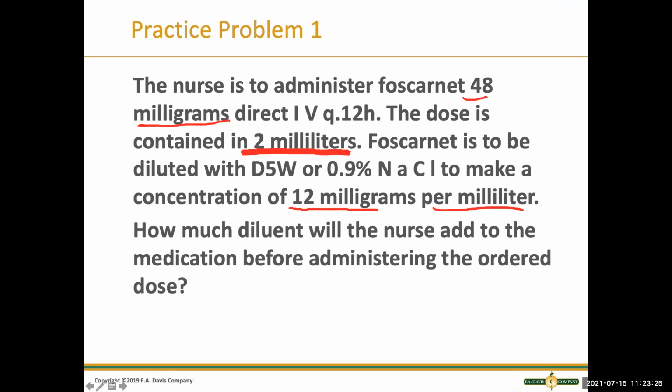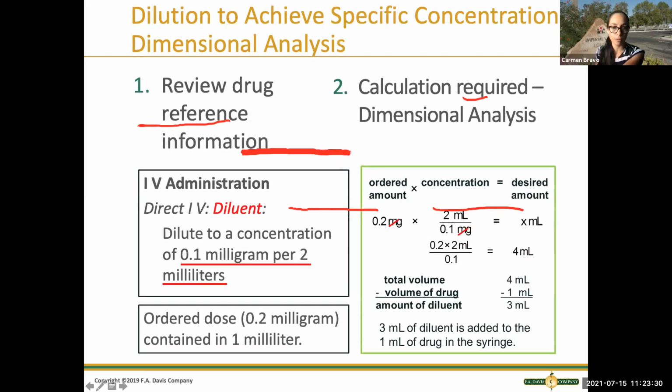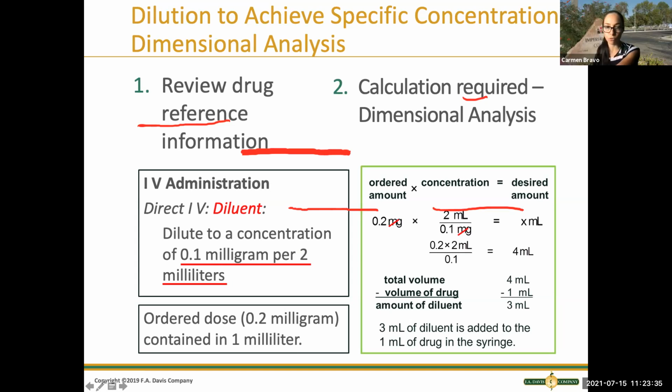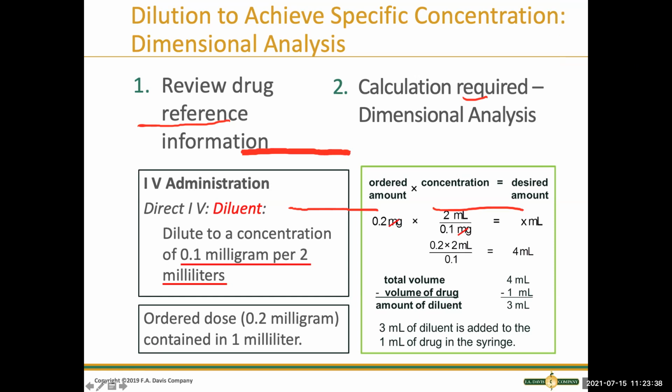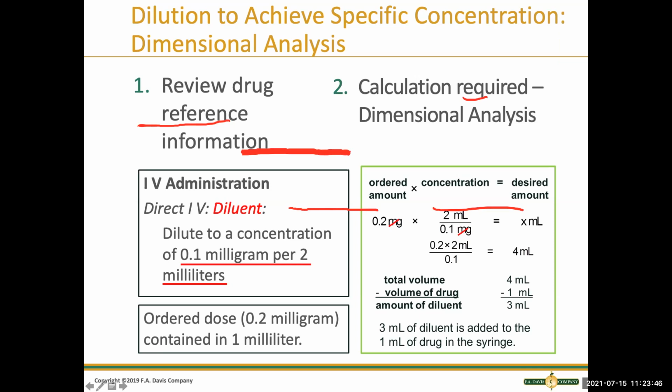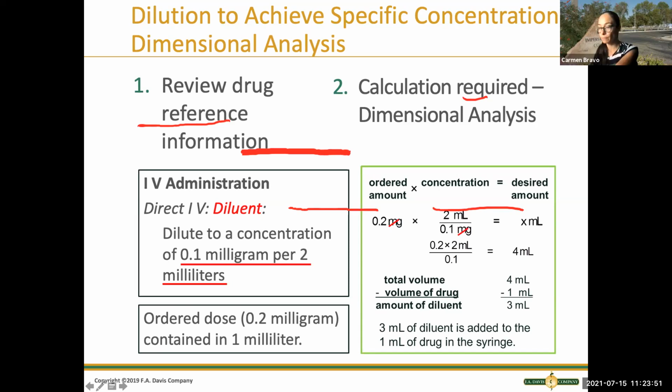I think where I get thrown off is just the setup. So you have your order amount, which is the 48, and then you have the concentration, which is the 12 milligrams in 1 ml.